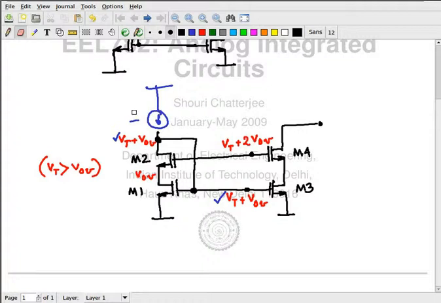So what we could do is as follows. First of all, we know that the potential at the drain of M2 is Vt plus VOV. It's marked with blue. That is for certain. And I plan to push a current I through this.